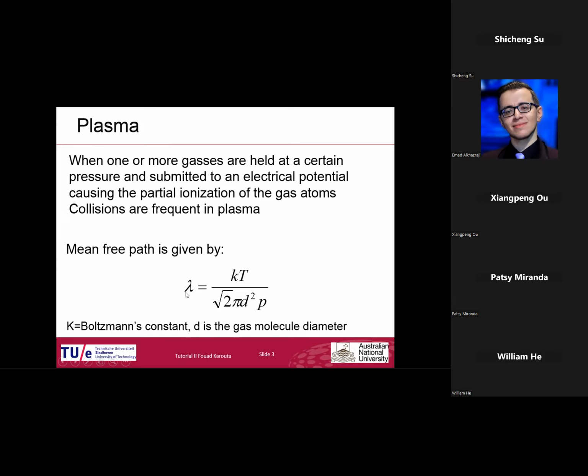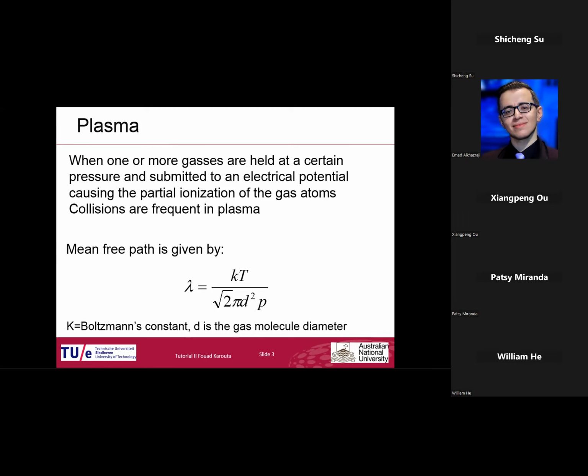That is the average distance that an atom will travel in a plasma before it hits another ion. And when it hits another ion, you lose this ion in your plasma.